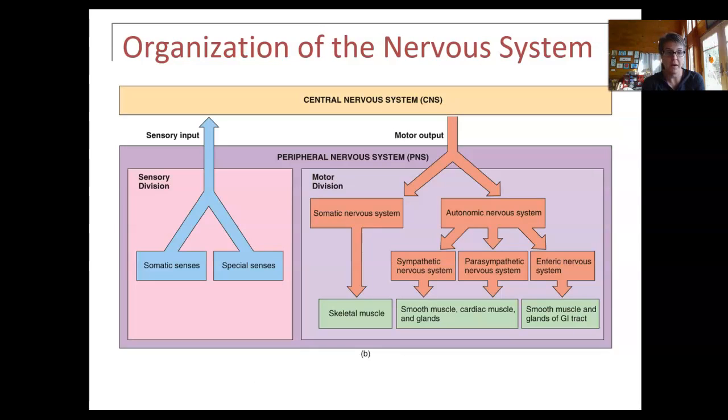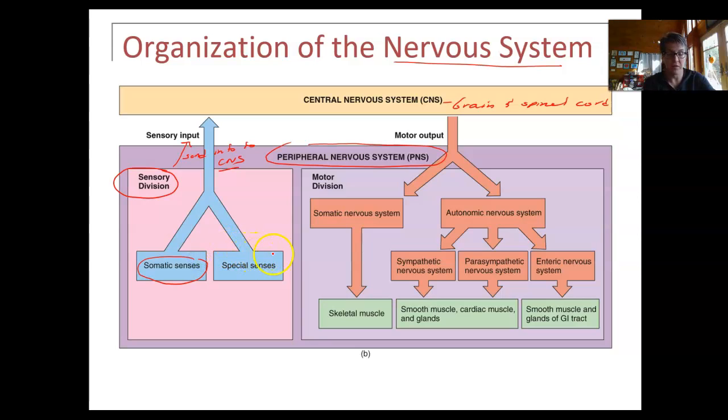So when we talk about the nervous system, it has a very specific organization. The nervous system consists of the central nervous system, which is the brain and spinal cord, and the peripheral nervous system, which is everything else. The peripheral nervous system has a sensory division, and sensory means it is incoming. So this will send information to the central nervous system. And that consists of our somatic senses.